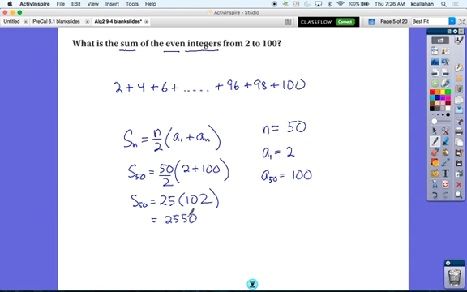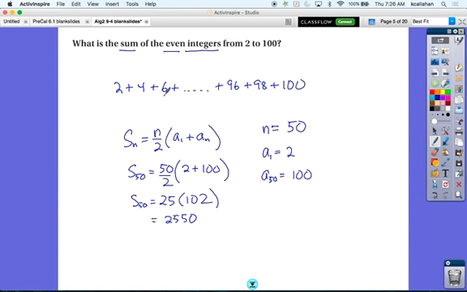There's the story of him being such a precocious youth that at a very early age, when kids had just barely learned how to add, his teacher in Germany said, I want you to find the sum of all the numbers, or let's say it's this problem, all the even numbers between 2 and 100. Of course, the teacher is thinking the kids are going to start adding. 2 plus 4 is 6, 6 plus 6 is 12, and keep going and going. This is an activity that's going to keep them busy for a long time.